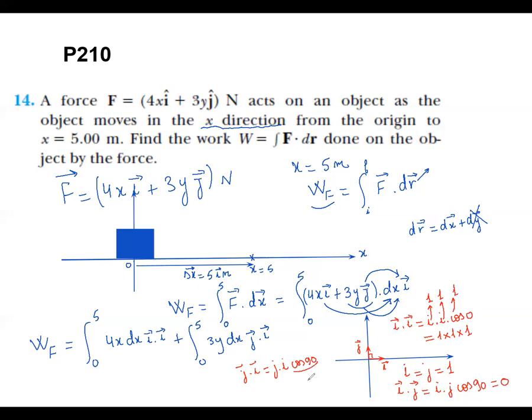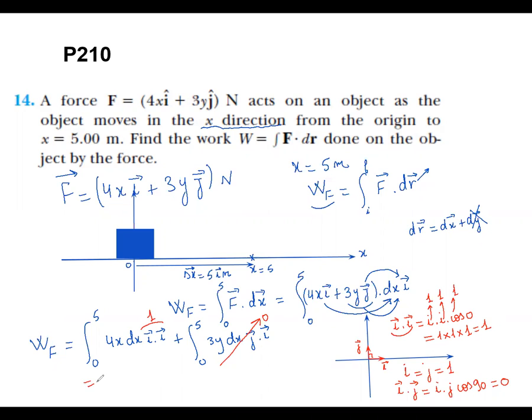Cosine 90 equals 0, so j dot i equals 0. We can say this term equals 0. We have only the left one, i dot i, which equals 1.